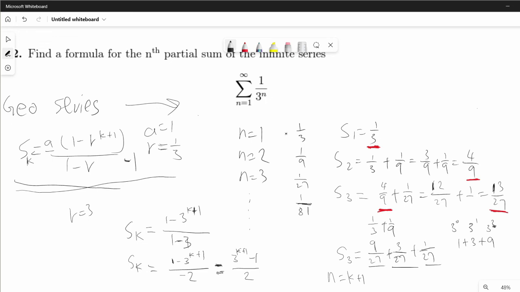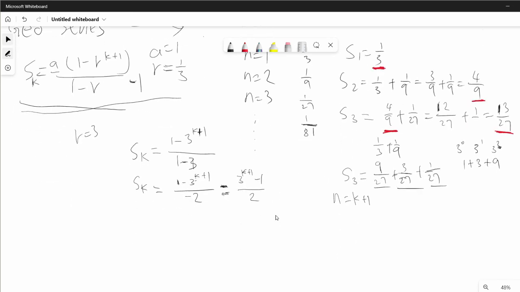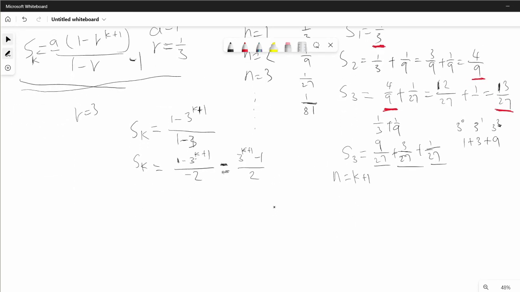That might be a little confusing. But I would just double check, if you plug in k or plug in n, make sure that it's the right sum, because if it's off, then it's off by a lot.